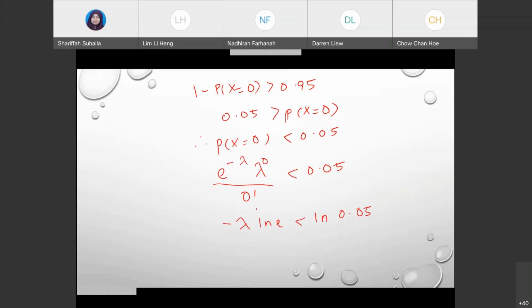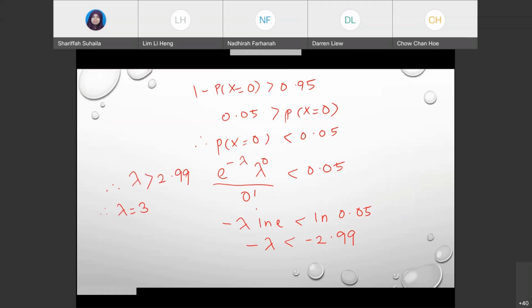Dapatkan ln E, ln 0.05. So you have this one. Right. Dapatkan 2.99 tu. Okay, cancel out negative. So you will get lambda greater than 2.99. Okay. So that's mean we will take lambda, approximately lambda equals to 3.